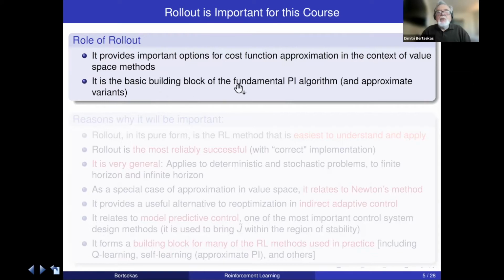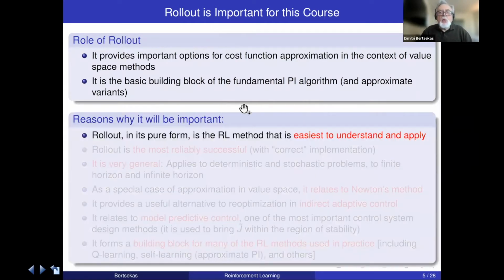Then rollout is also a building block in the policy iteration algorithm, which is fundamental, primarily for the infinite horizon case. The policy iteration algorithm involves a repeated rollout, evaluating policies and then applying the rollout algorithm for policy improvement to obtain a new base policy and so on.